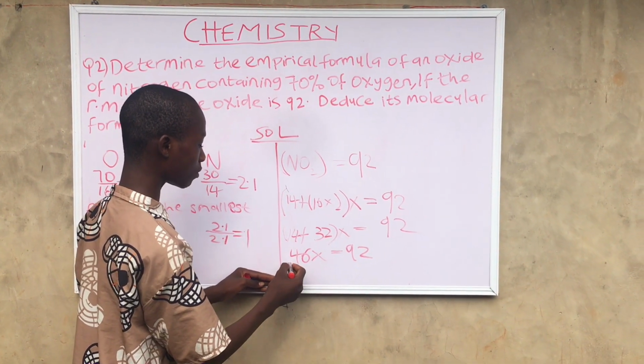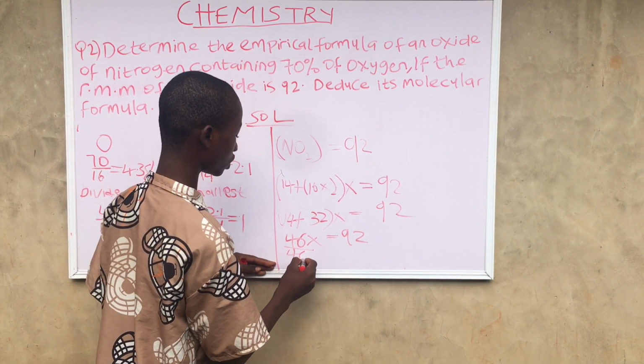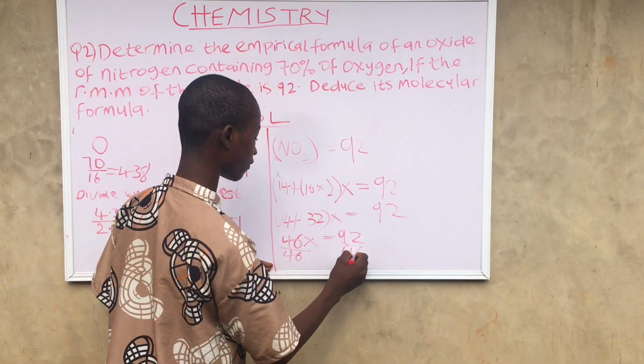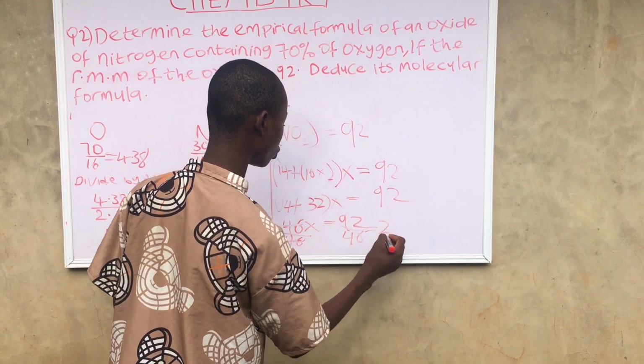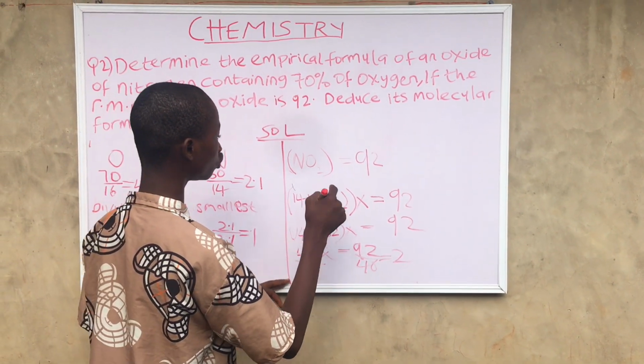So dividing both sides by 46, 46 over 46, our n is equal to 2.